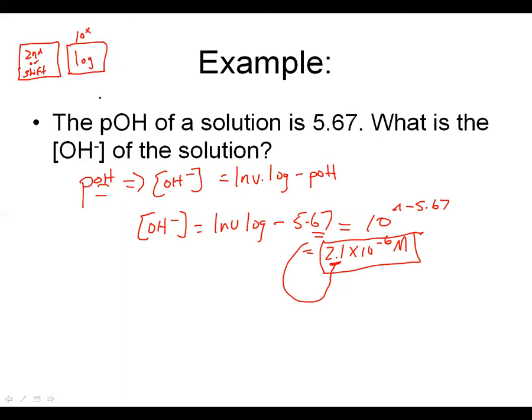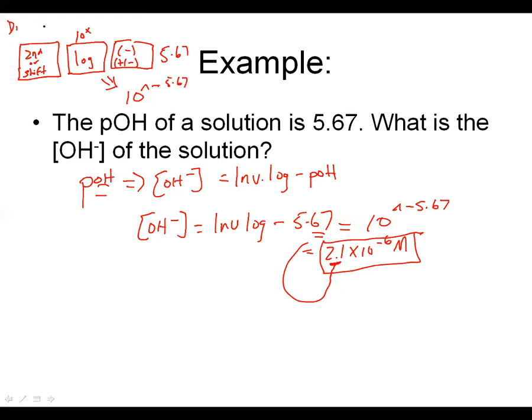And again, if you have a display calculator, when you do that, it'll probably put up a 10 and maybe a caret. Then you want to hit your negative button, which looks like something like this. Again, not your subtract button. And then obviously just type in the number 5.67. So if you have a display calculator, that's basically how you would punch it in.